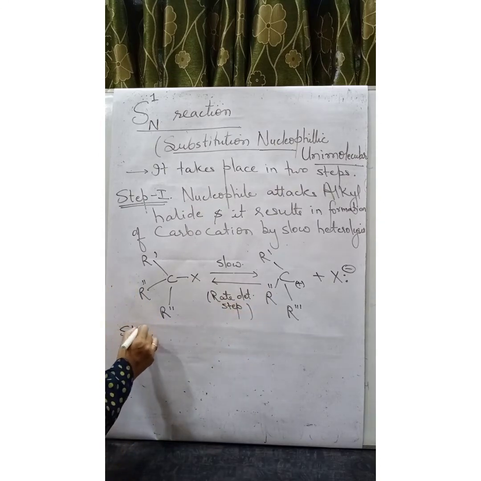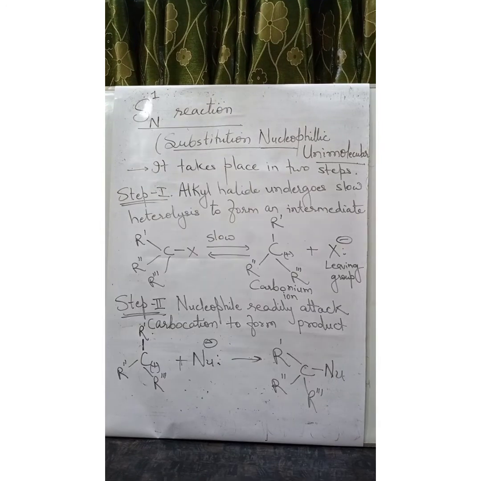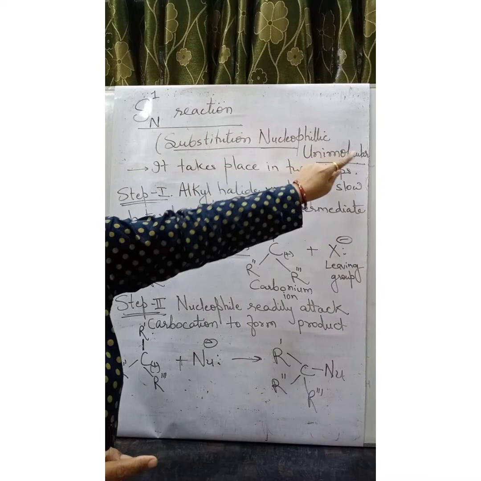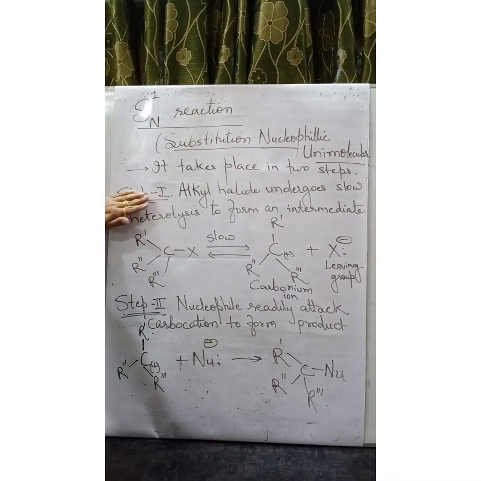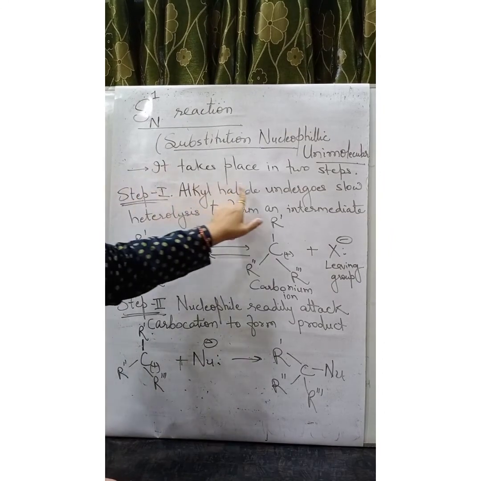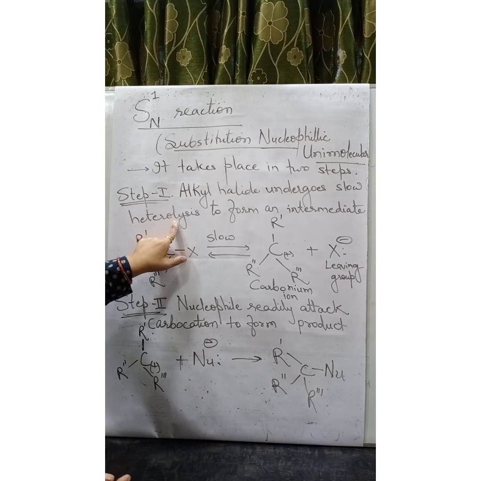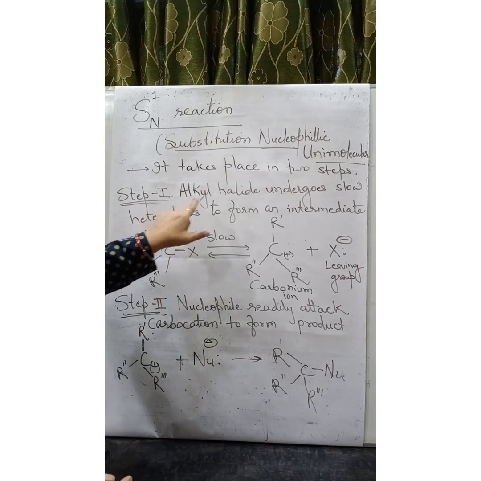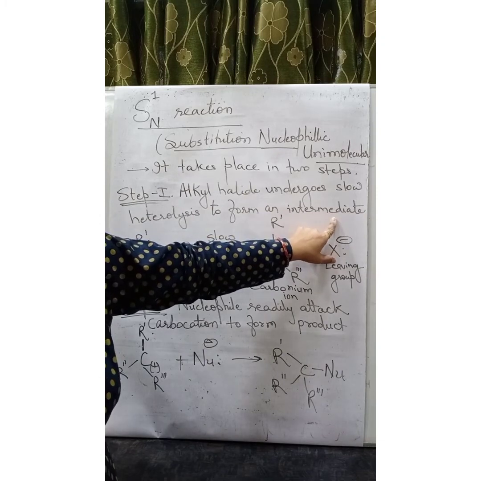Next mechanism is SN1 reaction, substitution nucleophilic unimolecular. It takes place in two steps. In step number 1, the alkyl halide undergoes slow hydrolysis. It is a slow process and it is reversible, forming an intermediate carbocation or carbonium ion.